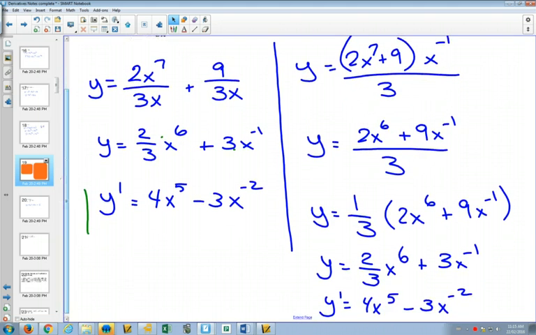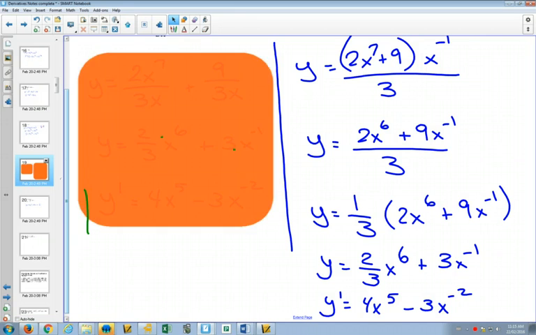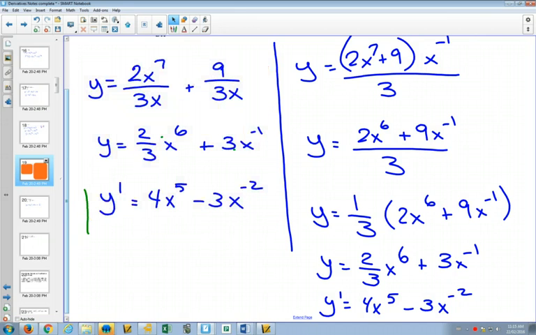Now it's all divided by 3. Having an entire fraction all divided by 3, you can think of that as multiplying by 1/3 out in front of the fraction. And when you distribute that 1/3 through, we get 2/3 x to the 6 plus 3x to the minus 1. The same thing that we got in our first method as well. So it took us a little bit longer to get to that same thing, but in the end, our derivative turns out to be the same.